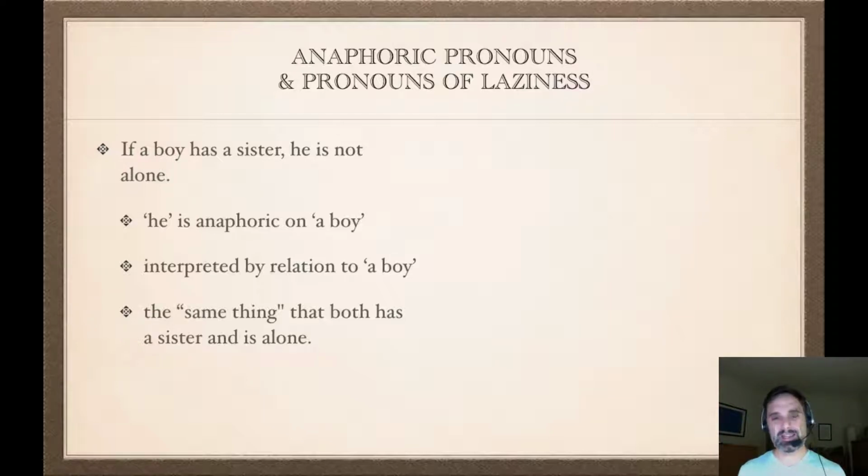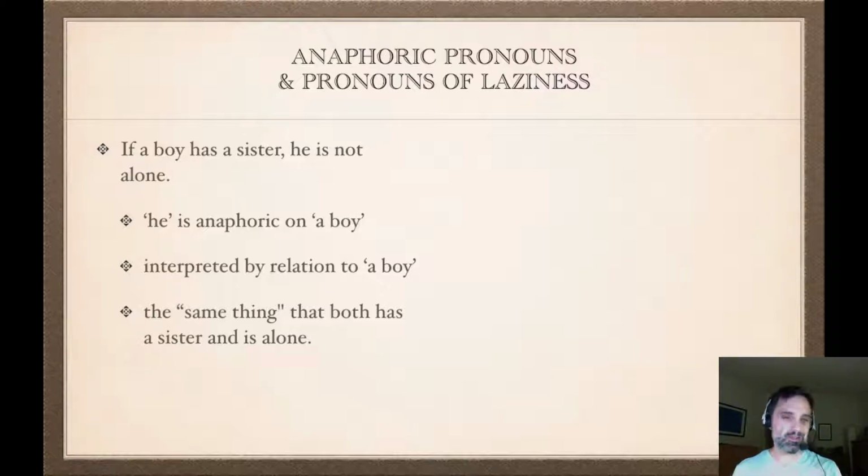We can't say that "he" refers to the same thing as "a boy," because "a boy" doesn't refer to any particular boy. It's a quantifier, and quantifiers don't refer to particular objects. But we can say that it's the same thing that has to be a boy, and such that anything that is both a boy and has a sister, that very thing also has to be not alone for this sentence to be true.